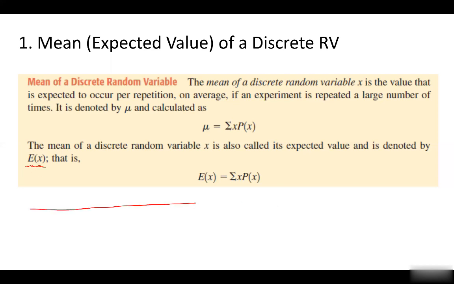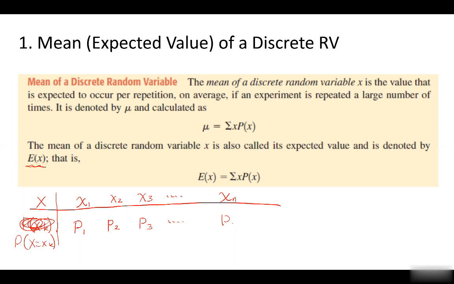This means suppose we have a discrete random variable that can be values x1, x2, x3, etc. until xn. These are all the possible values that X can be. And also we know the probability of X being each value xk is p1, p2, p3, etc. pn.